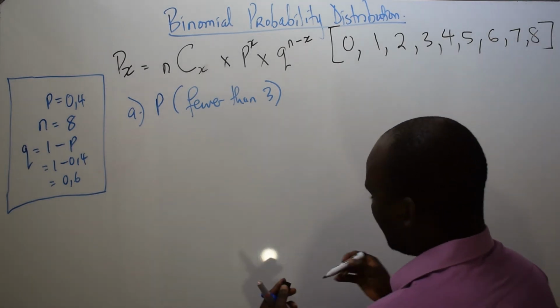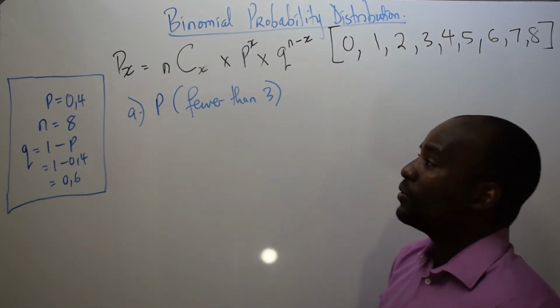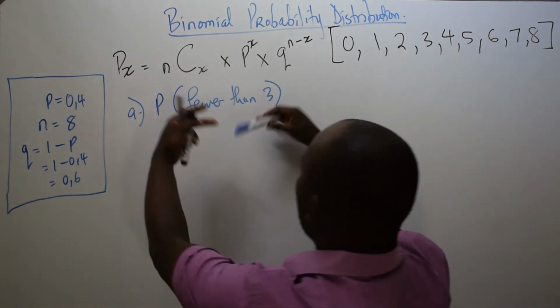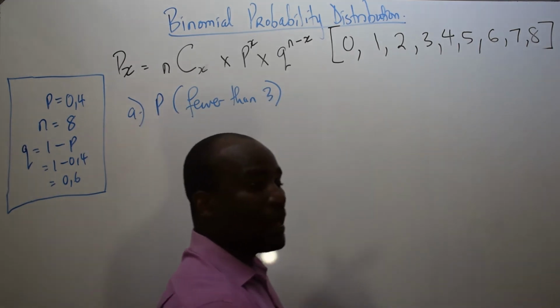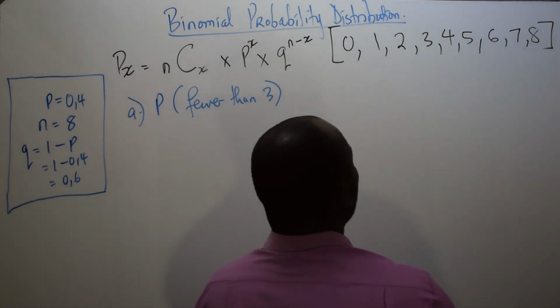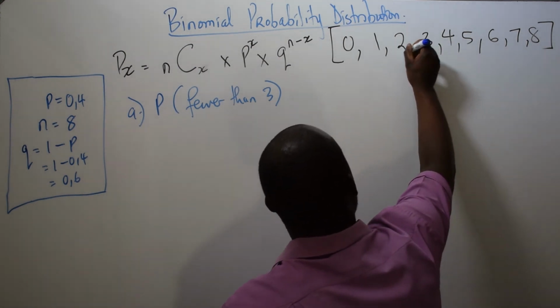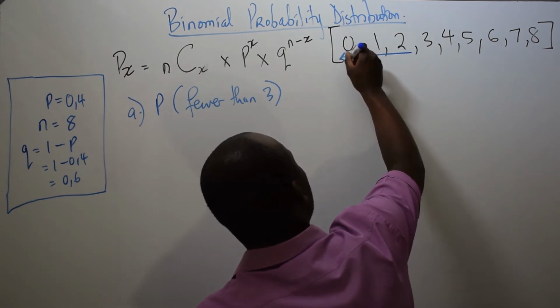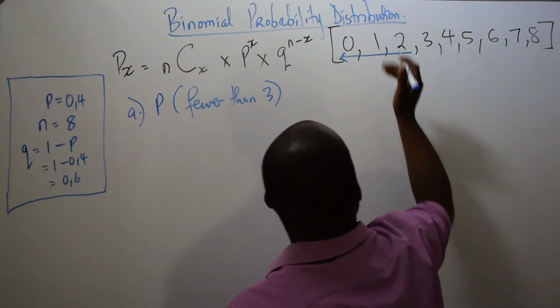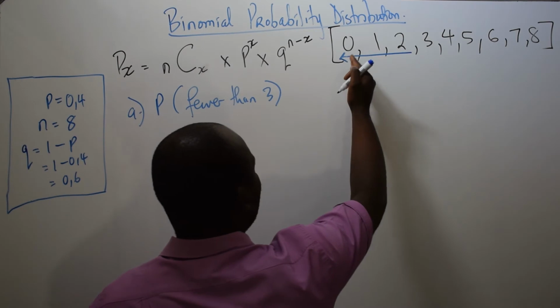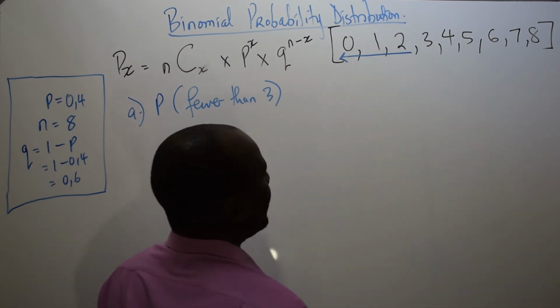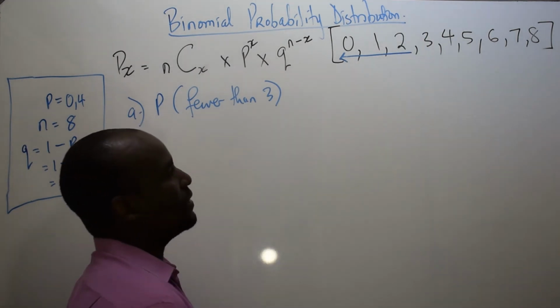They say fewer than 3, so that's less than 3. It would encompass this kind of counting, so we're looking at the probability of a 0, a 1, and a 2.